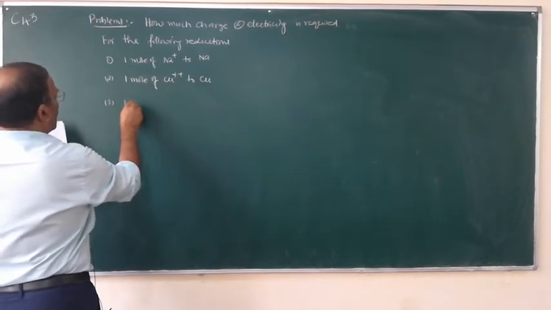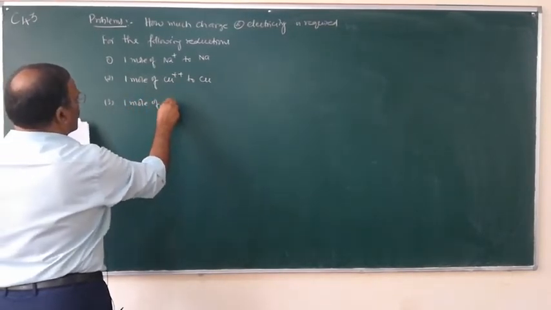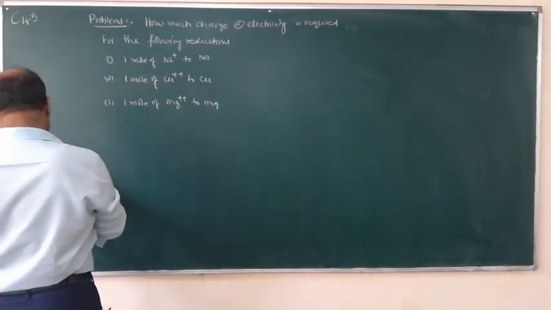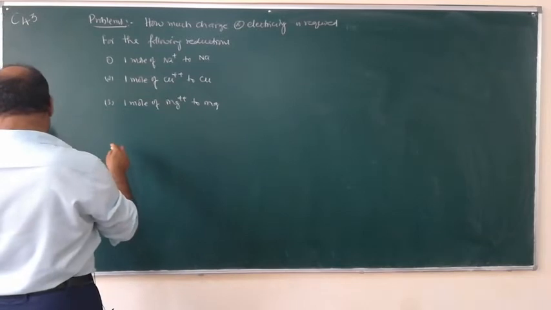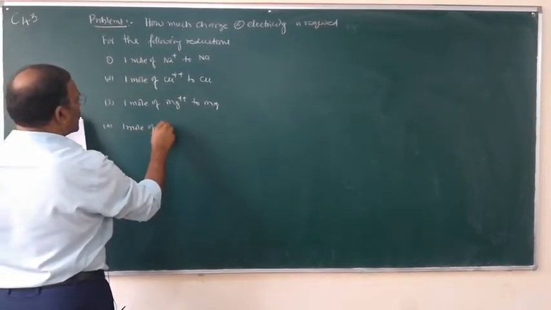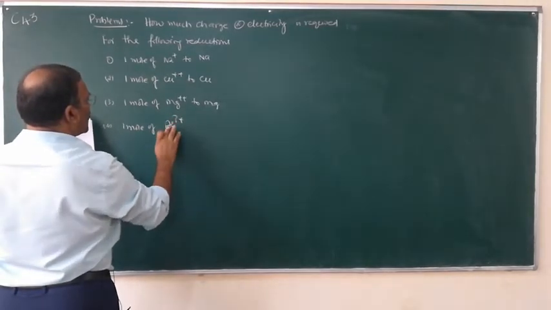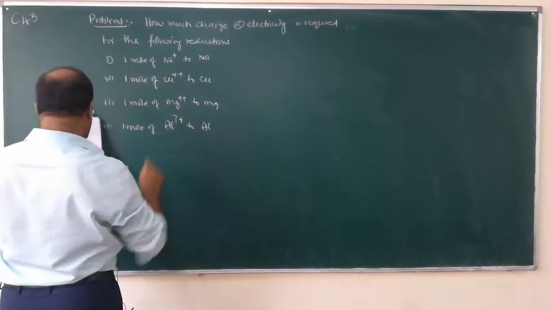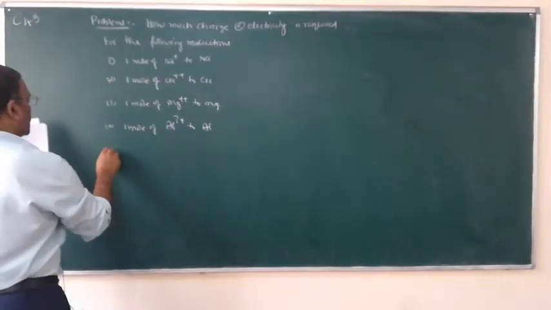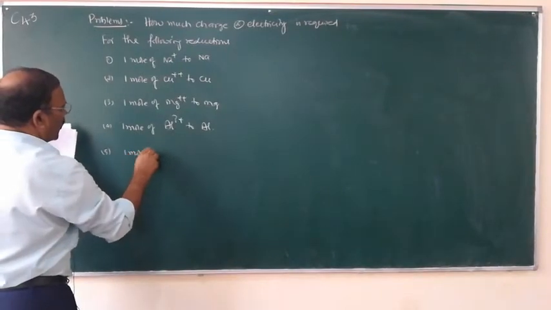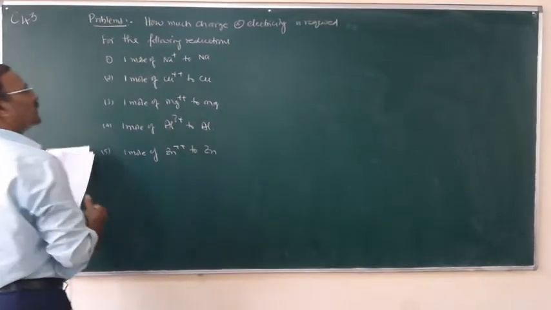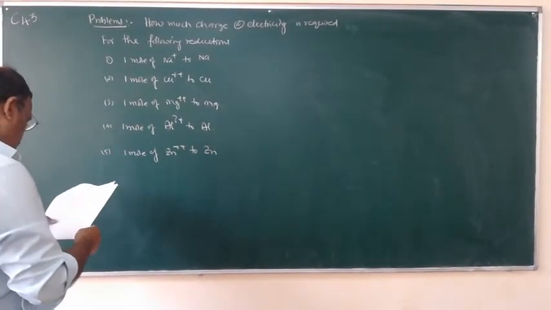Number 3, 1 mole of Mg2 plus to Mg. Number 4, 1 mole of Al3 plus to Al. Number 5, 1 mole of Zn2 plus to Zn.